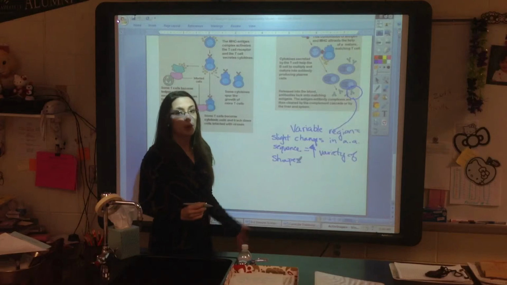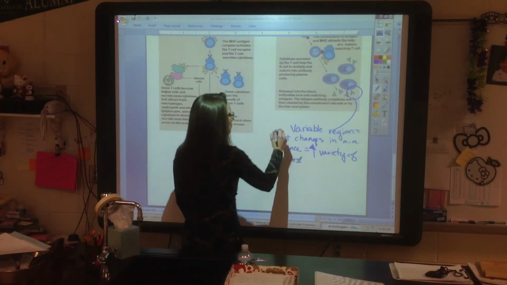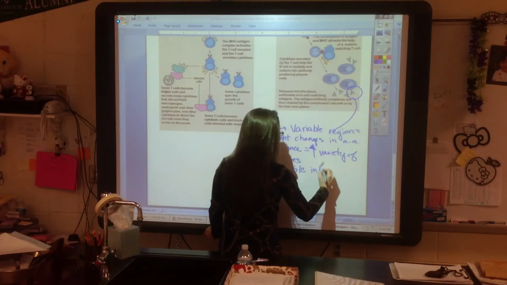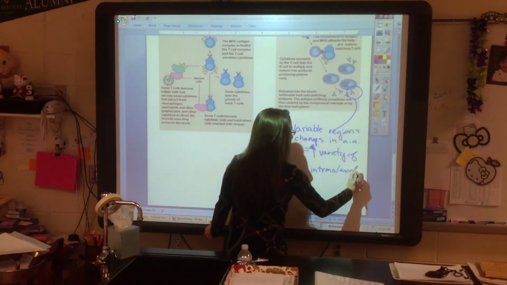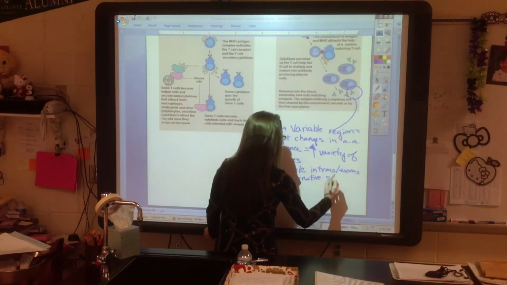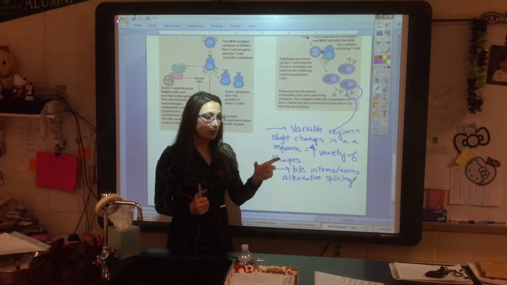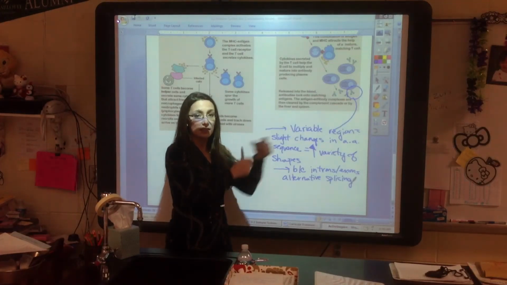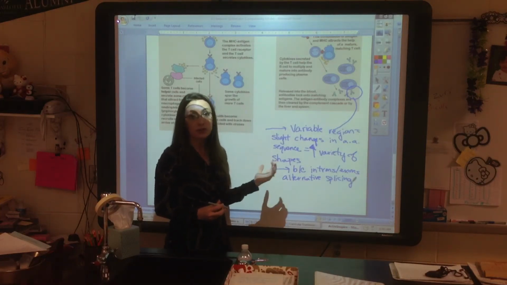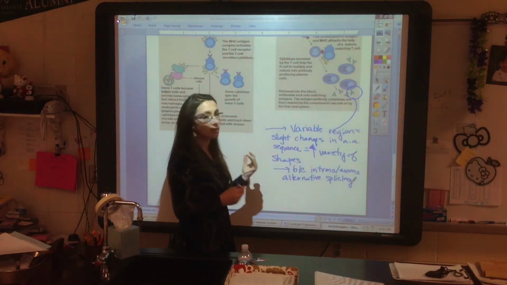If you remember from our protein unit and our protein synthesis unit, the way that we're able to do this is because of our introns and our exons and what's called alternative splicing. There are a certain number of antibody genes, but the way that they are spliced, introns and exons, in and out, we're able to make a huge variety of different proteins. That's the advantage of the antibody: we're able to make thousands of different shapes.